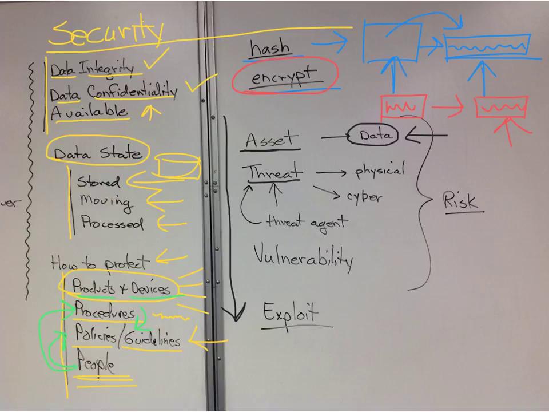Is there a threat to the data? Can the data physically be destroyed, or is there a cyber threat? Can somebody see the data, change the data, manipulate the data, steal the data? Okay? And is there a threat agent that can carry out the threat?